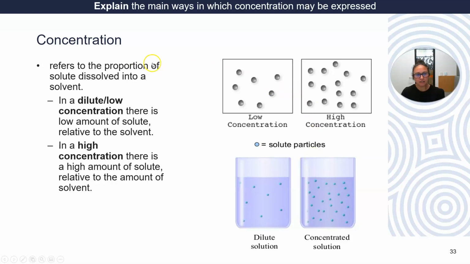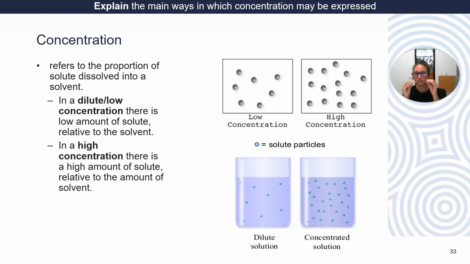If you look at the word concentration, we can refer back to the previous recording where we talked about solutions. Concentration is just the proportion of solute versus solvent. Remember that in our last recording we saw a solution was made up of solute plus solvent.